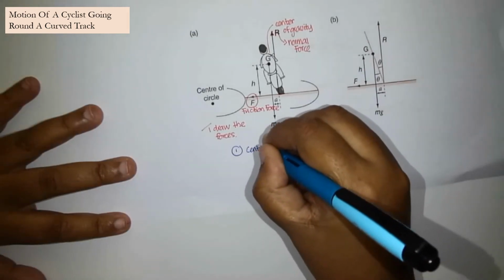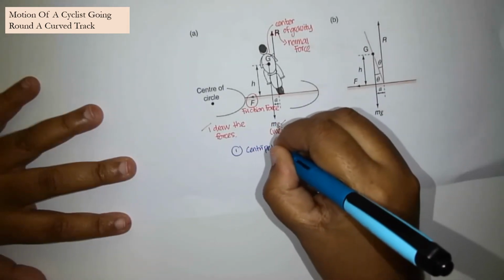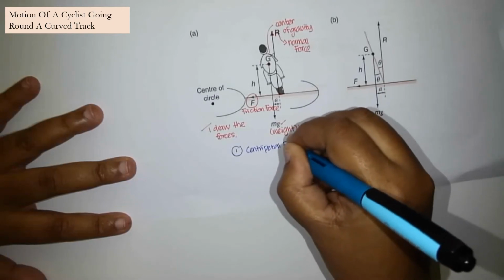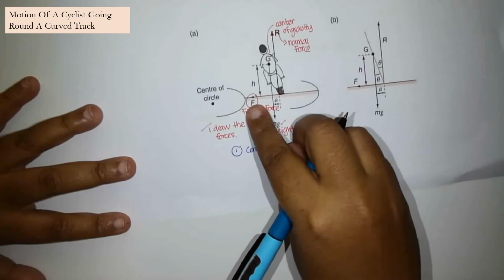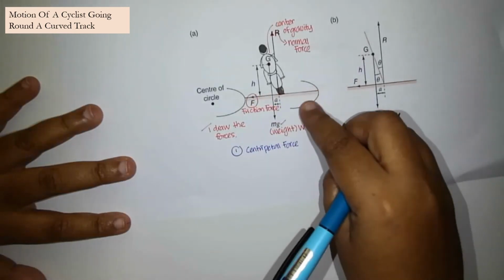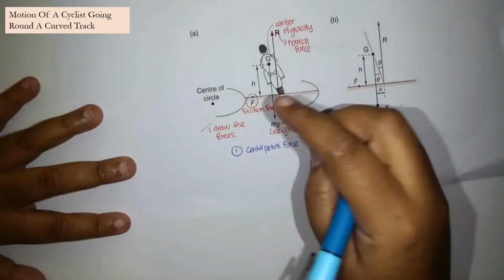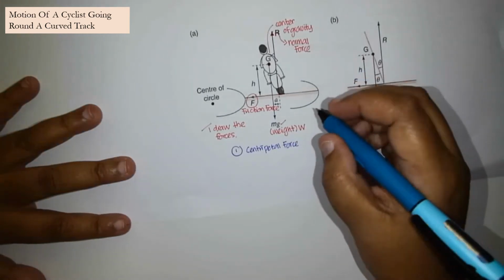The centripetal force will be who? The frictional force. Because there's only one force that is towards the center, so it's the frictional force. So the frictional force is the resultant force, and the resultant force is the centripetal force.